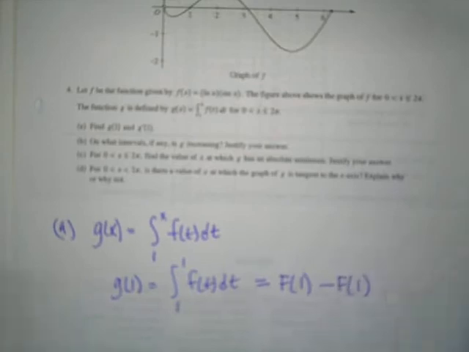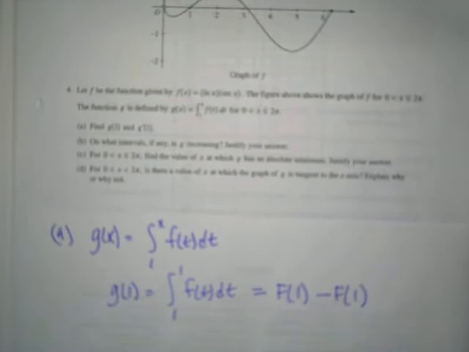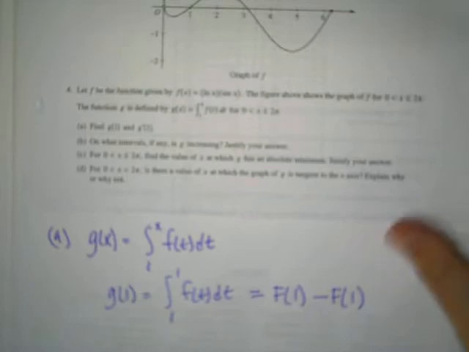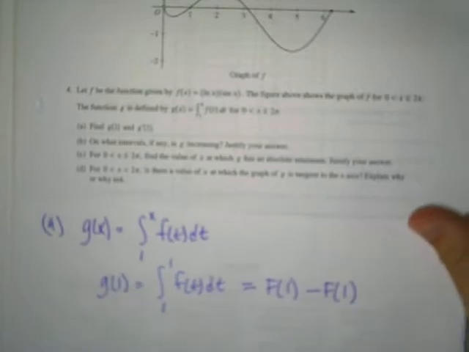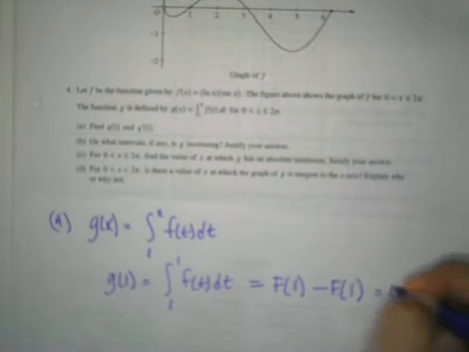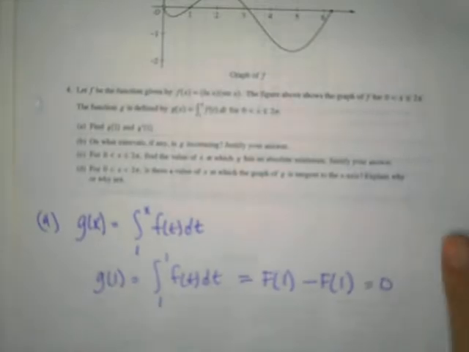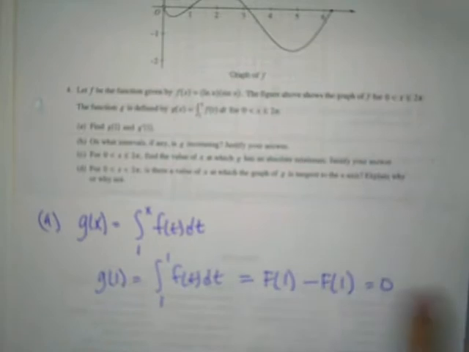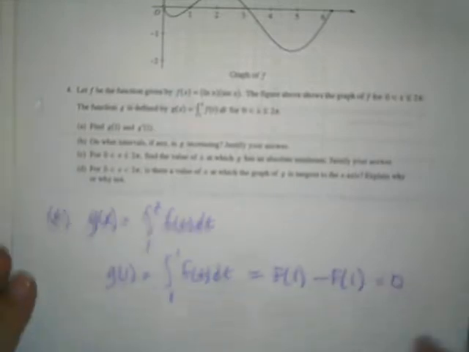Well, do we know what it is? Oh, this is non-calculator, so you do have to be careful. That's going to end up being 0 if you look at it that way. So if we plug 1 in for x, and then evaluate it, whatever the integral of f of t is, f of 1 minus f of 1 would give you 0, because you're subtracting it from itself.